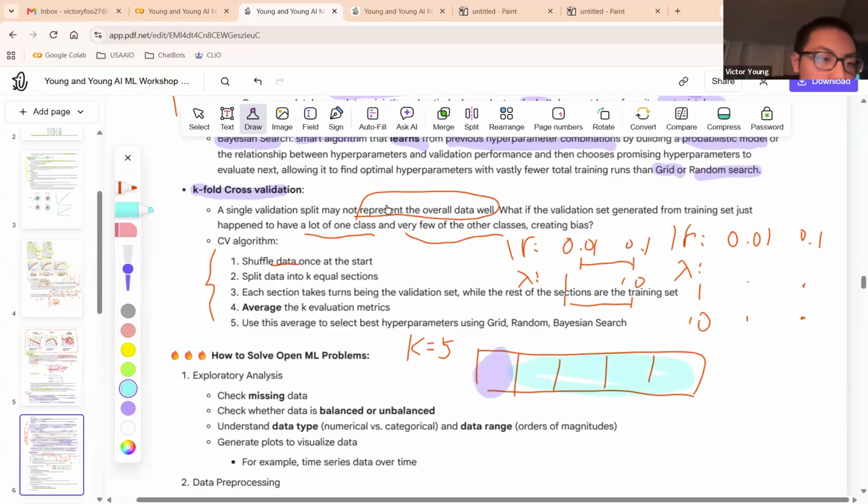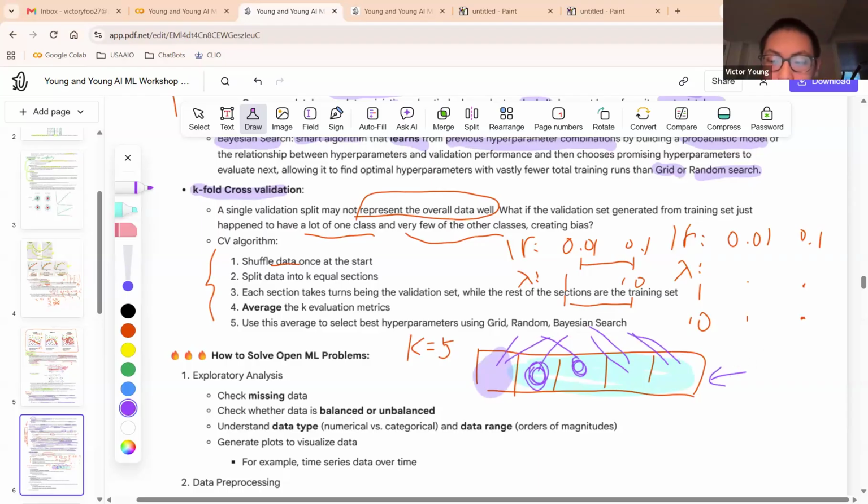And then we repeat. We say now this one is used for validation and the rest are for training. And then this one's used for validation and then the rest are for training. So we just iterate this 5 times.